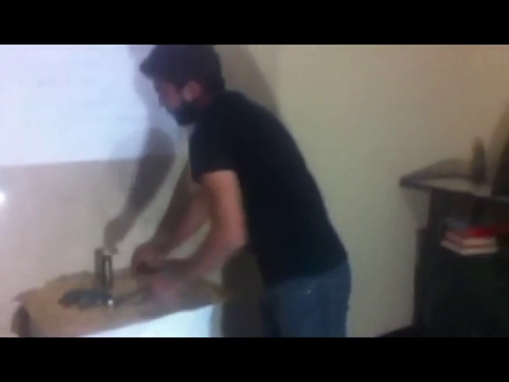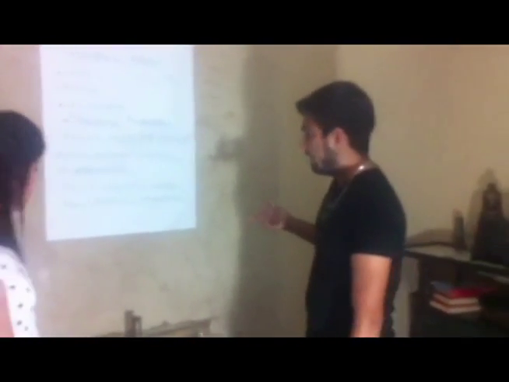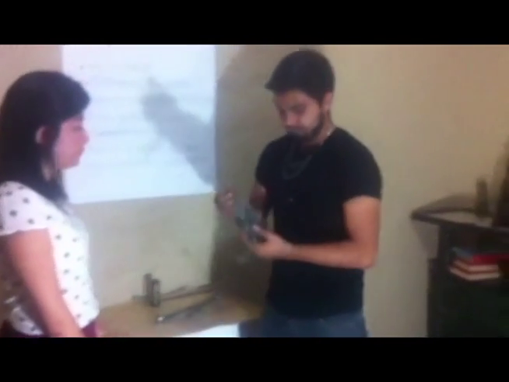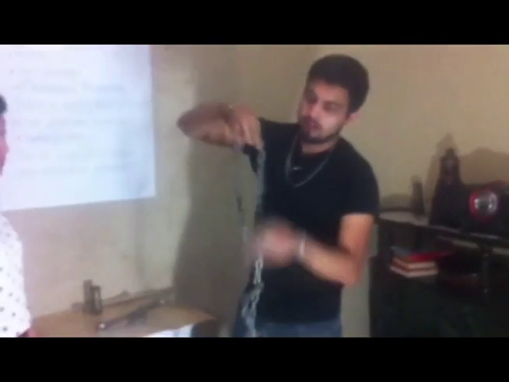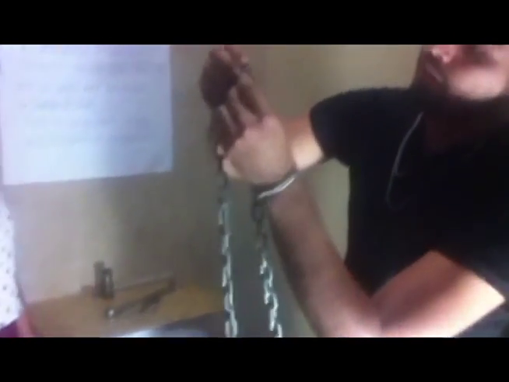You can see the strength. And semi-weldable: the semi-weldable is like a kind of chain. You can see it's semi-weldable because in the middle of each link it is semi-weldable.